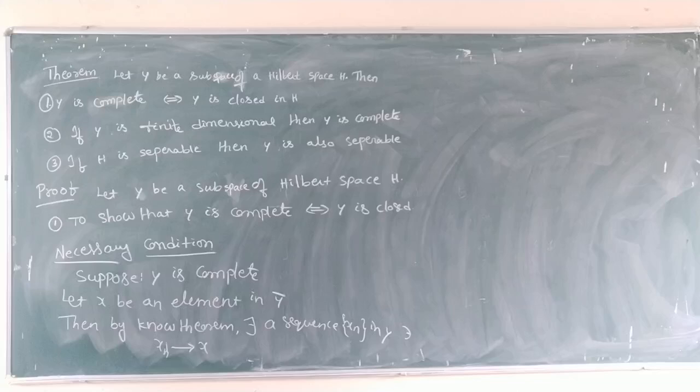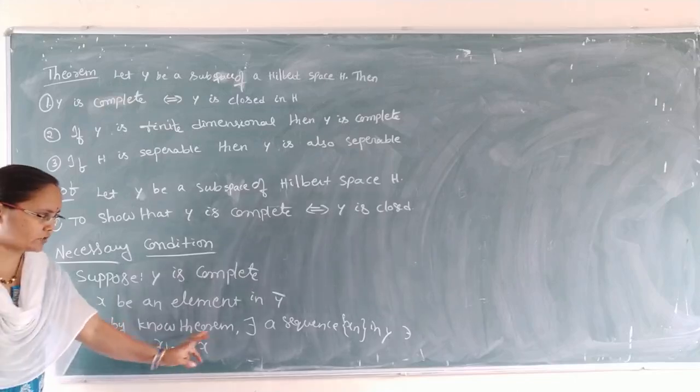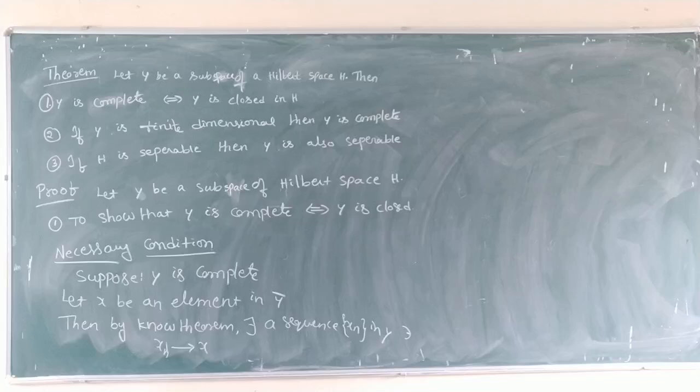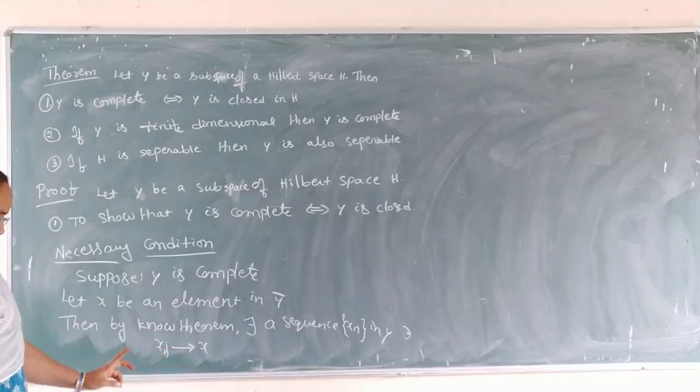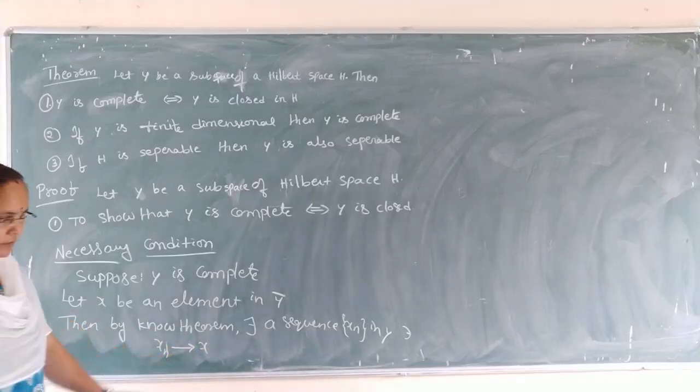Since y is complete, this limit also belongs to the same set. So by applying the known theorem, there exists a sequence in y such that xn tends to x.